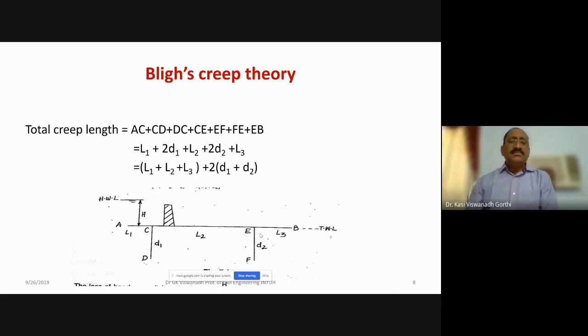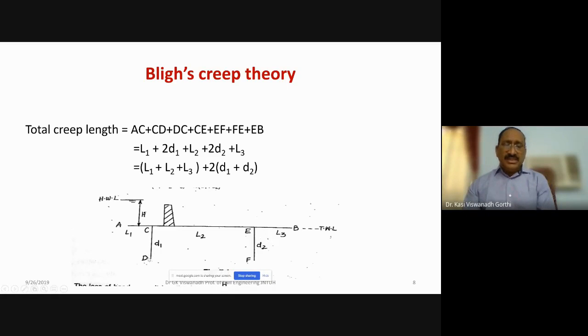If H is the total head of water up to maximum water level, then the length of the creep would be starting from the point A up to the point B in the figure, consisting of horizontal as well as the vertical creeps. So from A to C, horizontal creep. From C, it is moving down vertically up to point D. The particle is moving down up to point D. So AC plus CD.